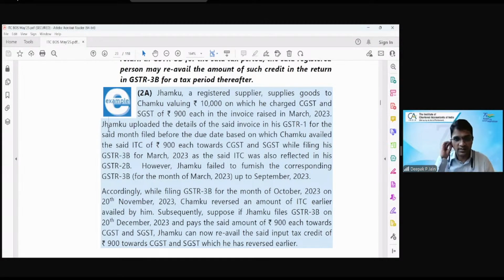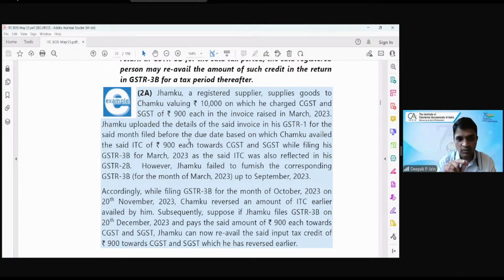In the month of March, Jamku has uploaded the details of the said invoice in GSTR-1 for the said month, which is filed before the due date. He's filed the GSTR-1 and it will appear in the GSTR-2B of Chamku, correct? Jamku is the supplier, Chamku is the receiver.